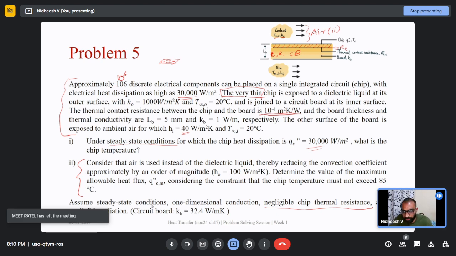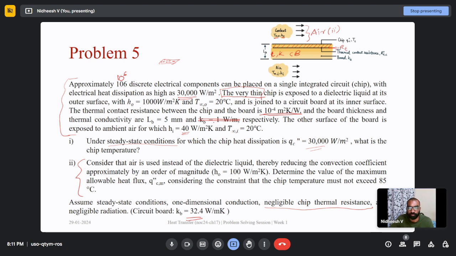You can take this 32.4 watt per meter Kelvin as the value. Okay, sir. This could be wrong because the unit is also wrong. Yes, sir, watt per meter Kelvin or meter degree Celsius, it is available as watt per meter only. Yeah. Thank you for pointing it out.